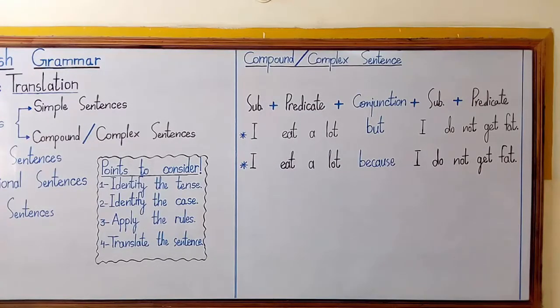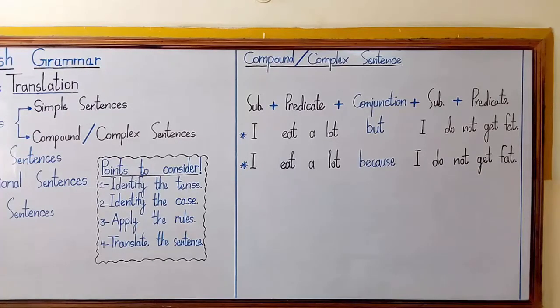What are coordinating or subordinating conjunctions? For your review, I will repeat again. All the conjunctions that start with the acronym FANBOYS, in which F stands for for, A stands for and, N stands for nor, B stands for but, O stands for or, Y stands for yet, and S stands for so.